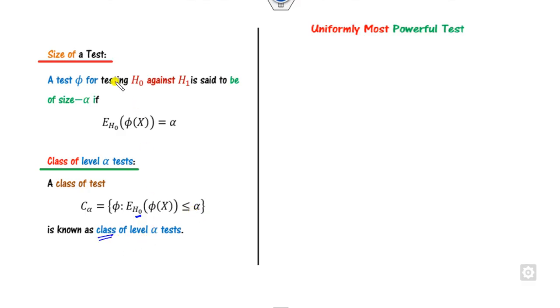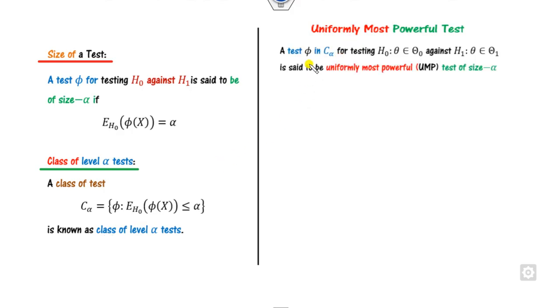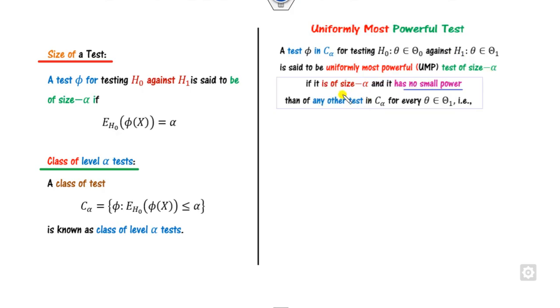Once you have defined the size and the class, then we can define the UMP test. Any test phi which is used for testing the H0 versus the H1 is said to be the UMP test of size alpha when, number one, it is of size alpha, that is, it satisfies this property, and it has no smaller power. What is the meaning of power?